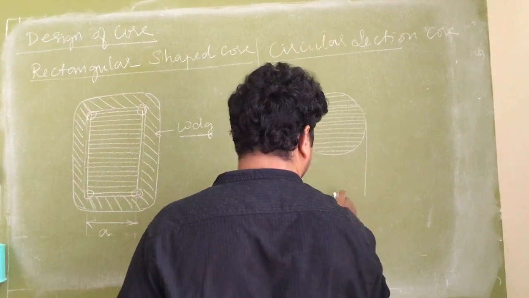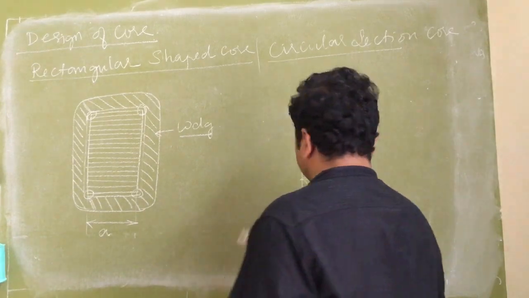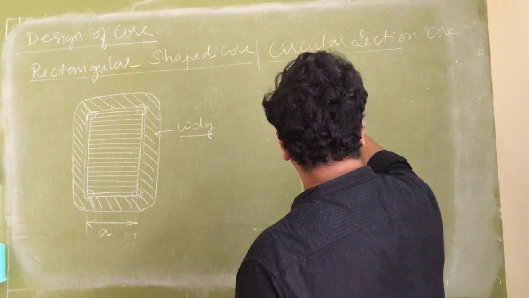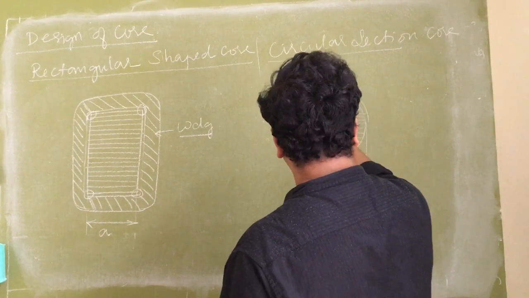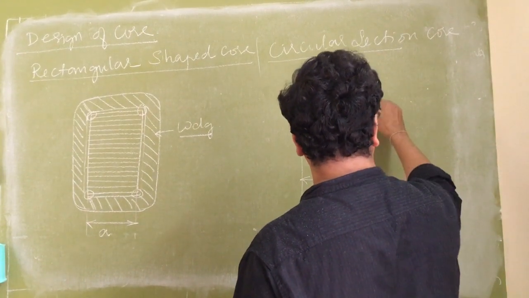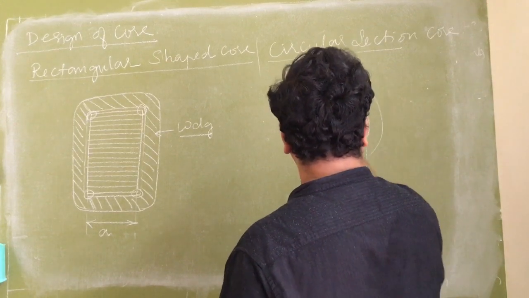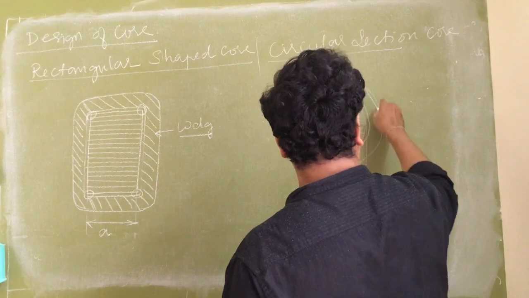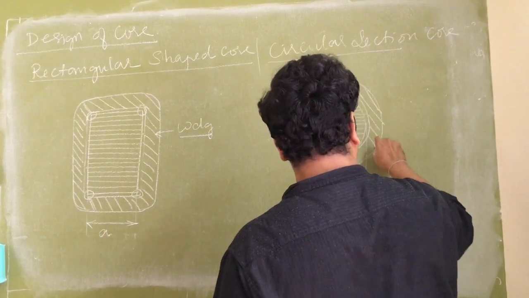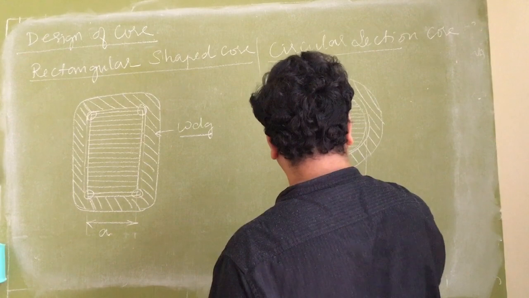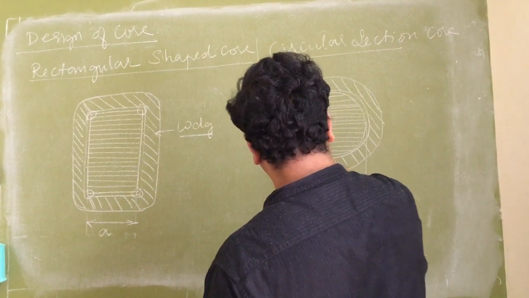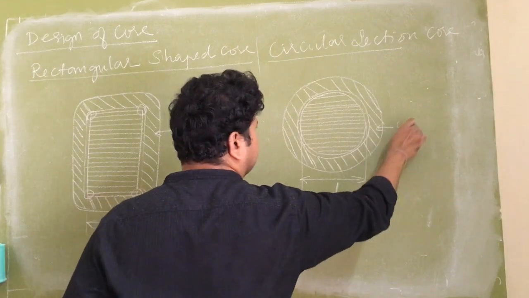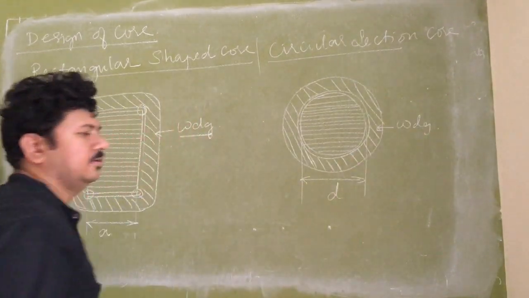So this is D, diameter of circumcircle. I will place a coil insulation, and upon that I will place the winding.